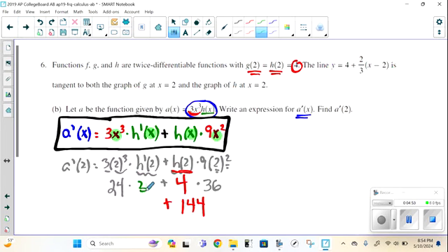All right, 24 times 2/3. 3 goes into 24 8 times, 8 times 2 is 16. 16 plus 144, let's just call that an easy, cool 160. And a prime of 2 is done, and now part B is done. Two good, simple problems.